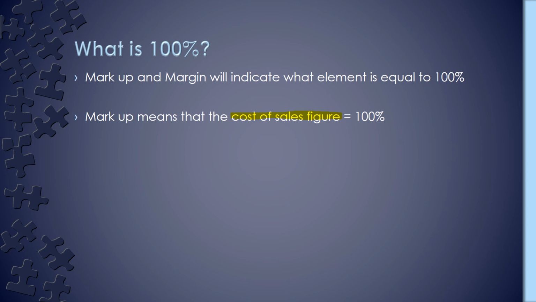Beforehand, we were talking about how markup is going up from the cost of sales price to the sales price. So your base there, what you're basing it on, is your cost of sales. As you're basing it on your cost of sales, you need to take the cost of sales figure to equal 100%.